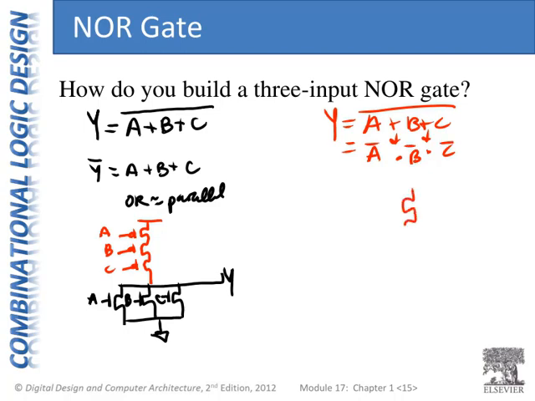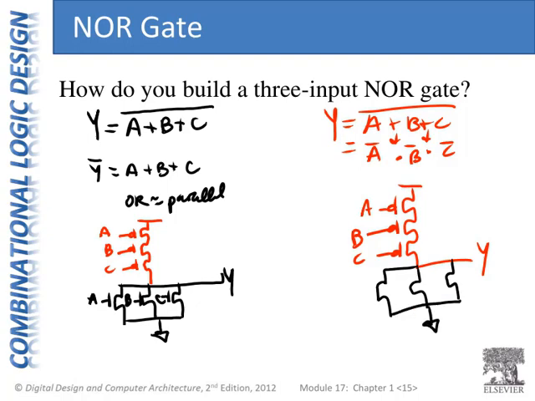So we'd start with our pull-up network, which would be A bar, there's a bubble, in series, B bar because of the bubble, and C bar because of the bubble. And then because we had our pull-up, our PMOS, in series, our pull-down would be in parallel. So here's our pull-down in parallel because it's the complement of our PMOS network.